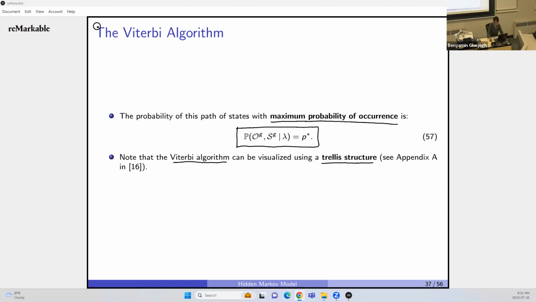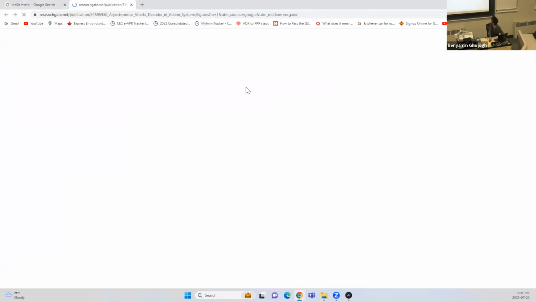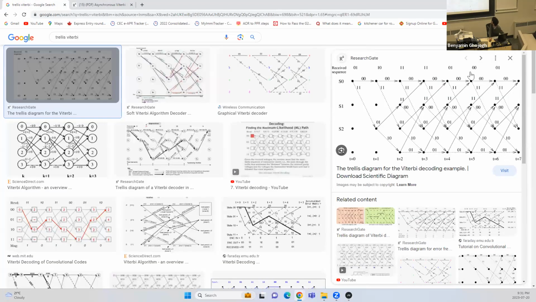Yes, here it is. Do you see this? Okay. Can you see my cursor? This is the trellis structure. They visualize the Viterbi algorithm using this. As you see, it's considering all of the possible paths. That's why I said it's global. It's not greedy. It's considering all of the possible paths. Interesting.